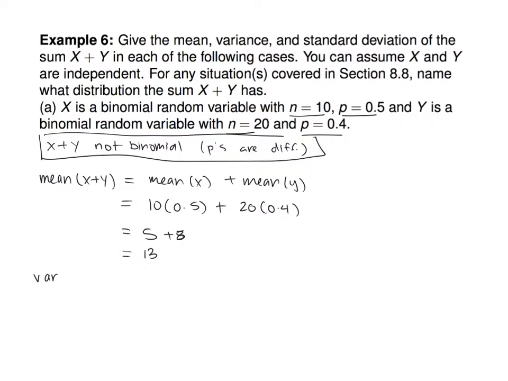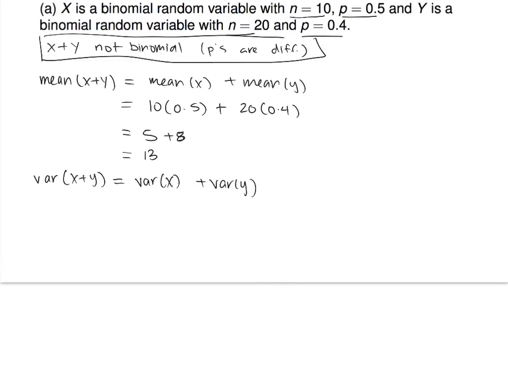So the variance of X plus Y is equal to variance of X plus variance of Y. Oh, you gotta think for a second here, because we know that for binomials, sigma is root of NP(1 minus P), but that's not the variance, that's the standard deviation. So square it: sigma squared is NP(1 minus P), and so I'm not gonna have any roots in this yet.